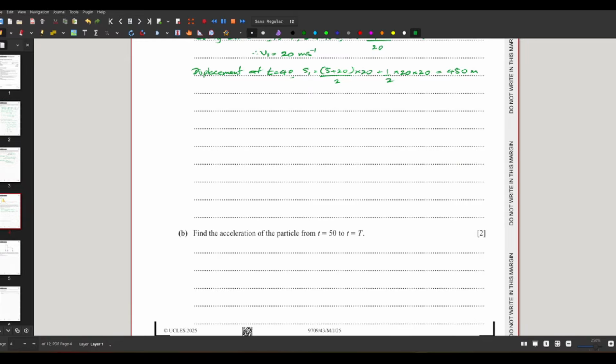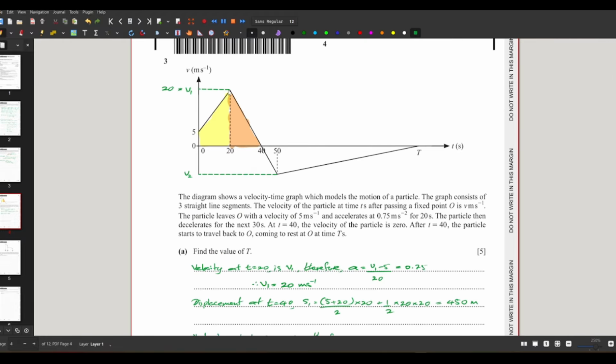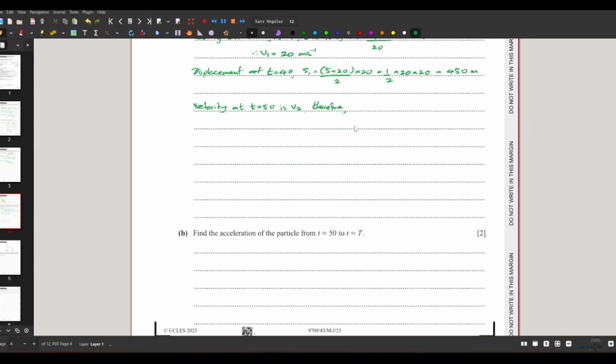So then I can write, we took the velocity as V2, right? So I can write here the velocity at t equal 50 is V2. Therefore, if I take this first part, time 20 to 40, the gradient is 20 minus 0, or the height is simply 20.